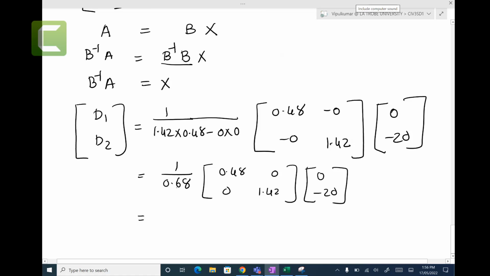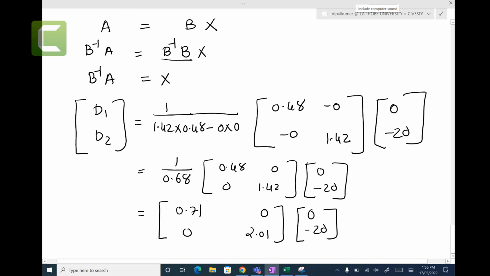So here you have to divide by 0.68: 0.48 divided by 0.68, you get 0.71, 0, 0, 1.42 divided by 0.68, you get 2.01, times 0, minus 20.